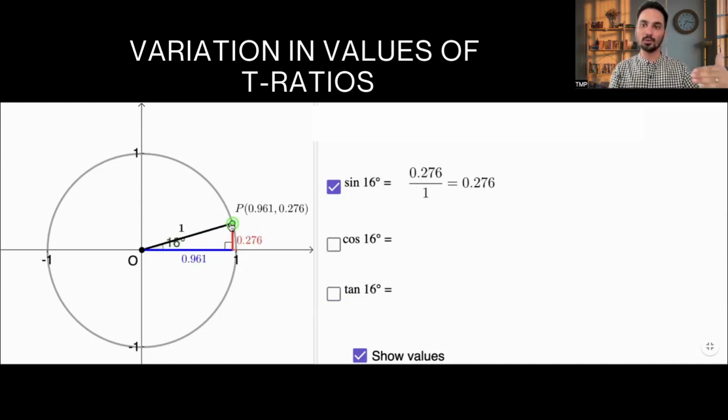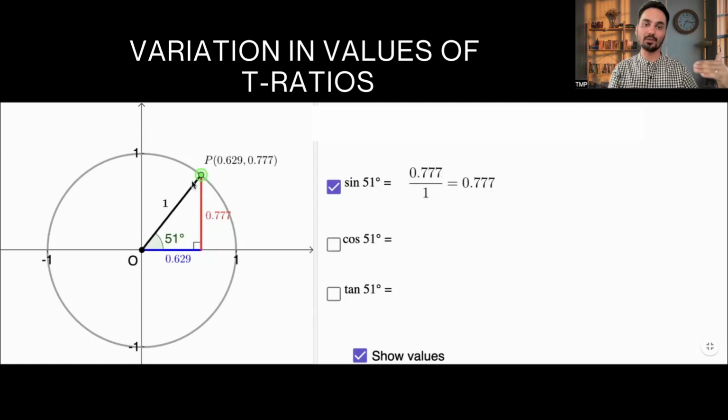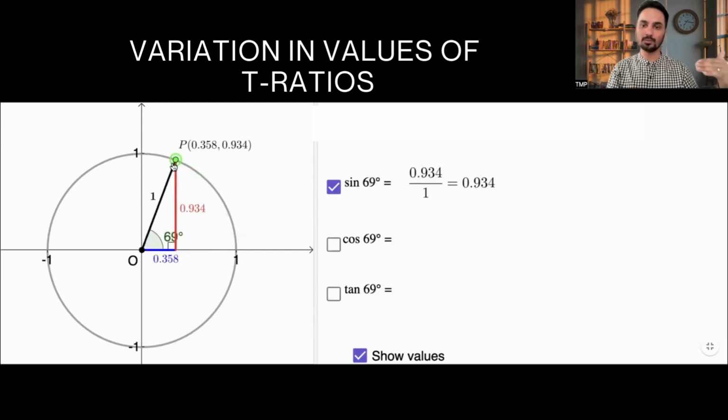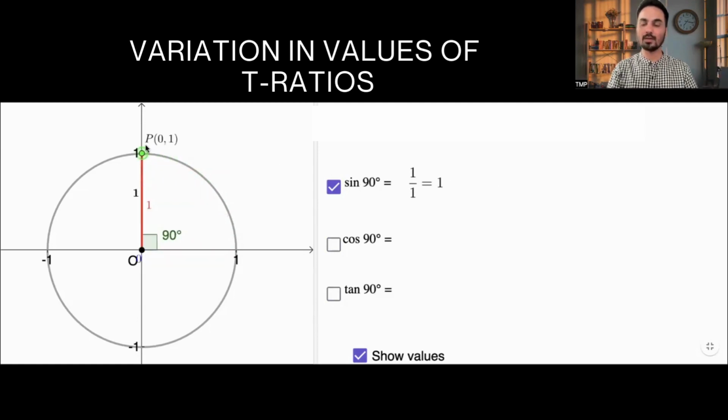When we move through the first quadrant, we see that the value of sine is increasing from 0 to 1. And it is 1 when we are at 90 degrees. So we can say that sine theta in first quadrant moves from 0 to 1.